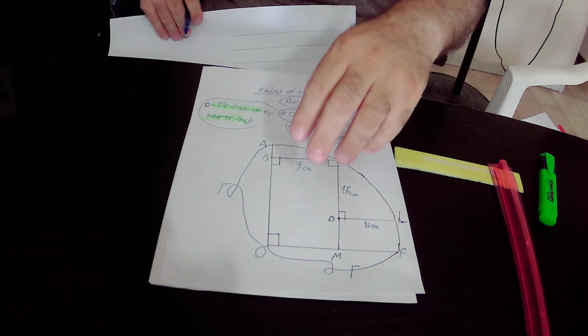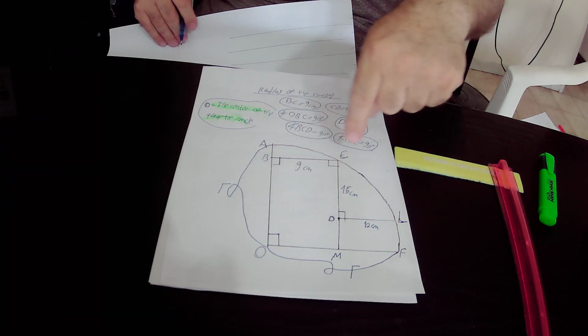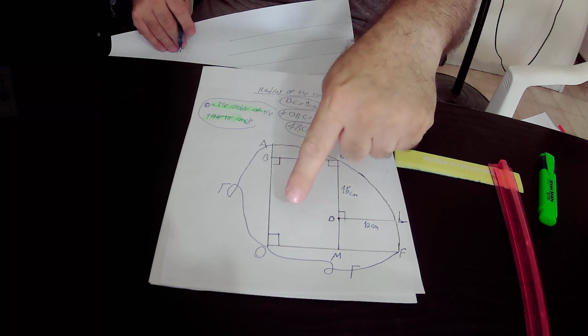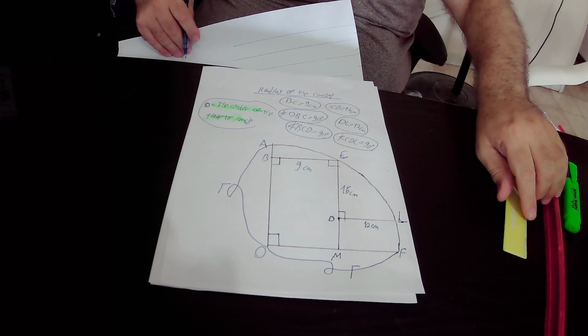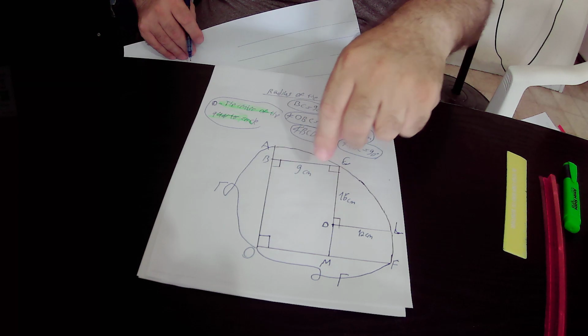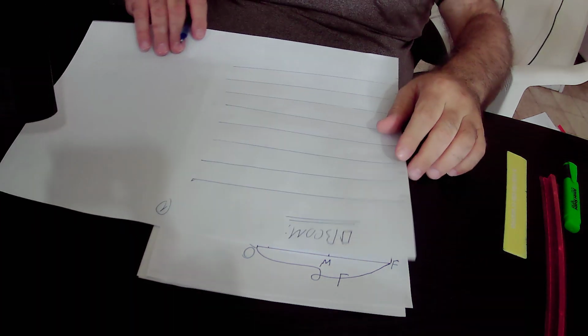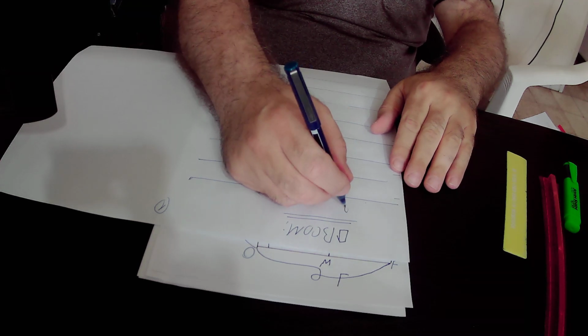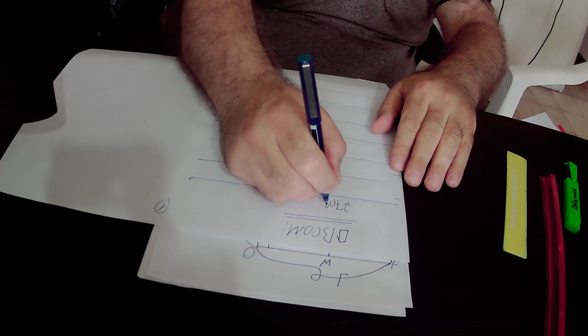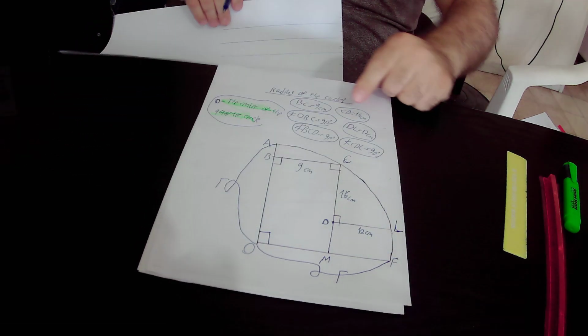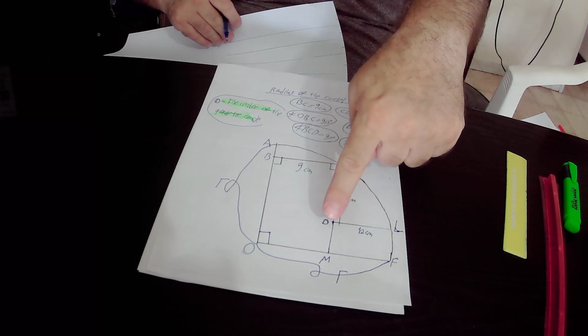Inside this quadrilateral BCOM, we have 1, 2, 3 right angles. Repeat again, inside this quadrilateral we have 1, 2, 3 right angles. And the sum of 3 right angles is 90 times 3, which is 270 degrees, plus the size of the fourth angle, that is actually angle DMO.